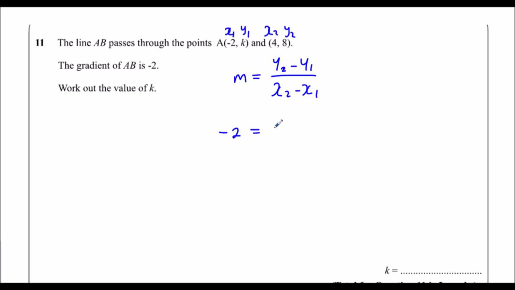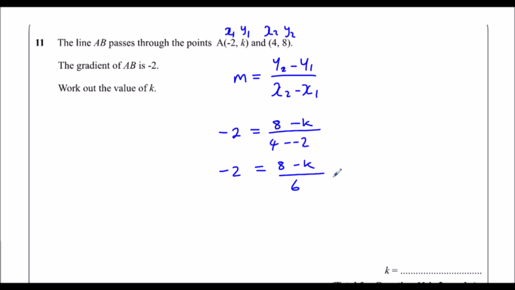So -2 is equal to 8 minus k, the change in the y's, divided by the change in the x's, 4 take away -2. And 4 take away -2 is 6. The change in the x's is 6.